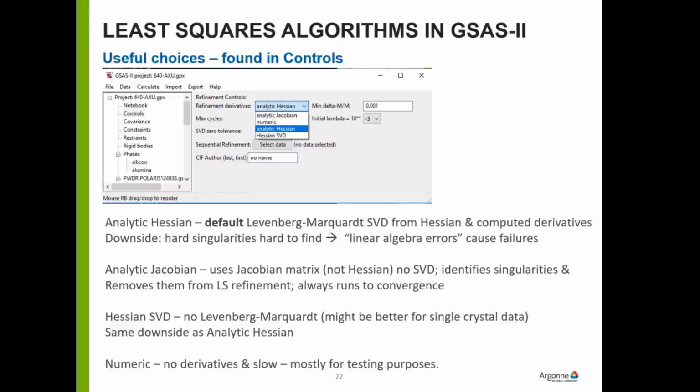This one's suitable for single crystal work, I think. And then there's numeric, which I don't recommend because it's used by us for testing purposes. It's dreadfully slow because it does a numerical evaluation of the derivatives, parameter by parameter. And we just use it to test.